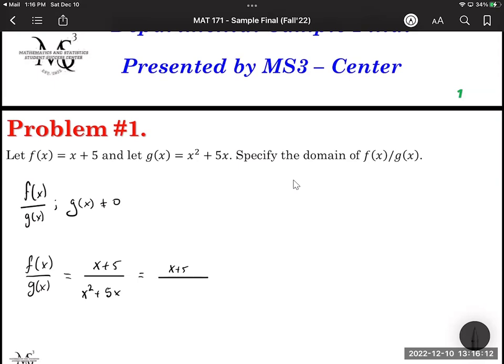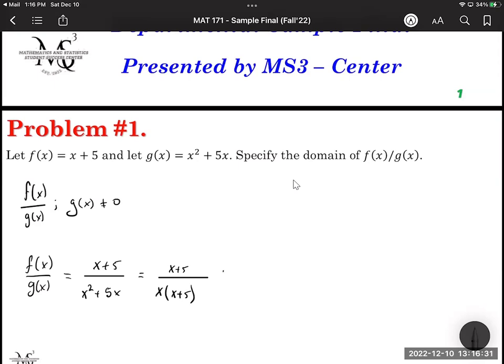What would be our denominator in factor form? That's right, Preston. You get x times x plus 5.